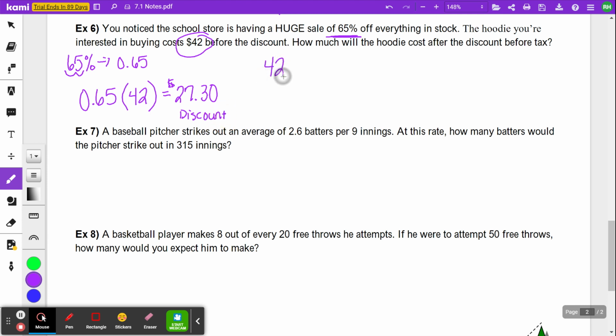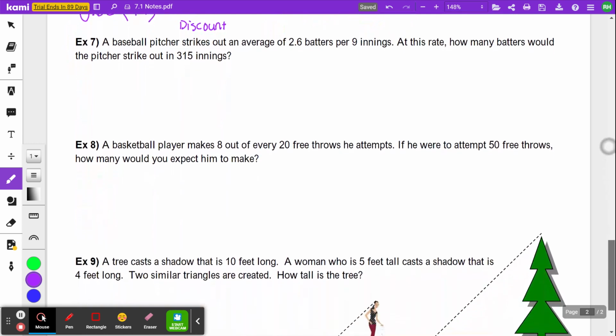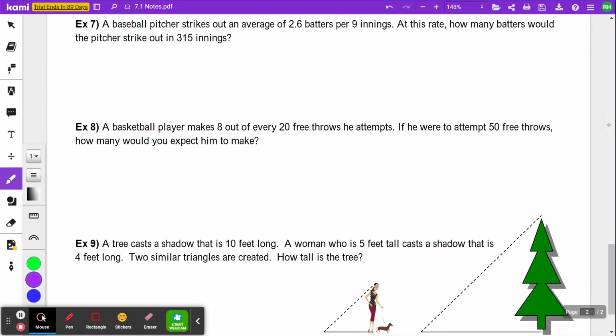So the sweatshirt you want is $42. It's discounted off $27.30, which means you are actually paying $14.70 for that hoodie. Quite a deal. Okay? So find the discount first, take it off the price, and then figure out what you actually owe.